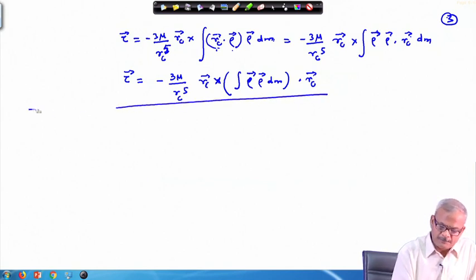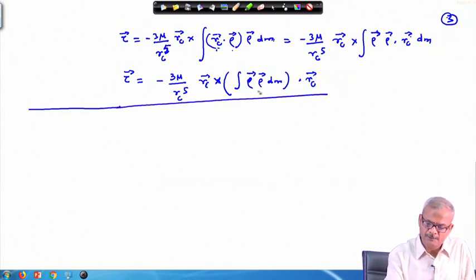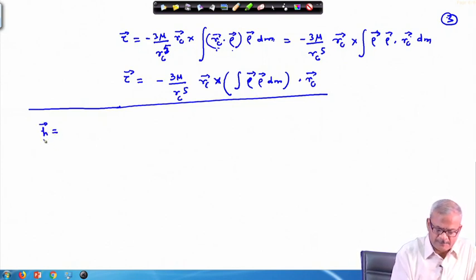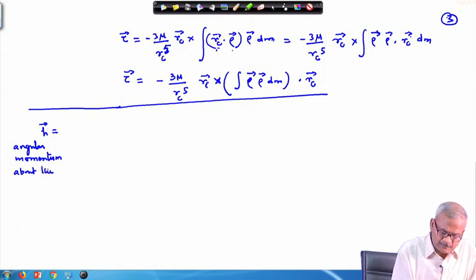Now, from here we need to go back and look into what this quantity is. If you remember the equation for the angular momentum, this is angular momentum about the center of mass, we have written as rho cross. These things we have developed earlier while dealing with the rigid body dynamics.